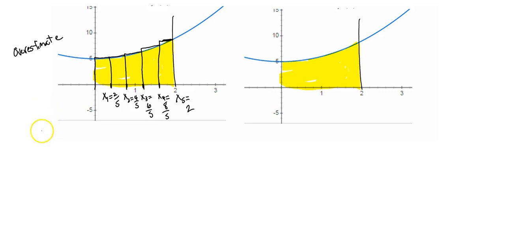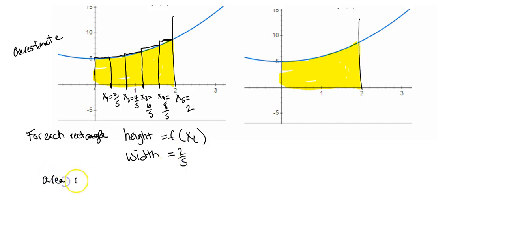So basically, the height of each rectangle is going to be f evaluated at whichever x of I I'm using, and the width is going to be 2/5.